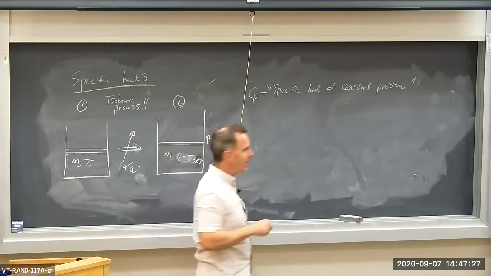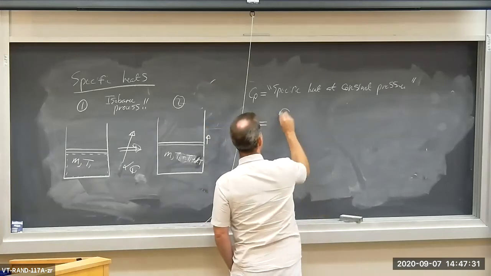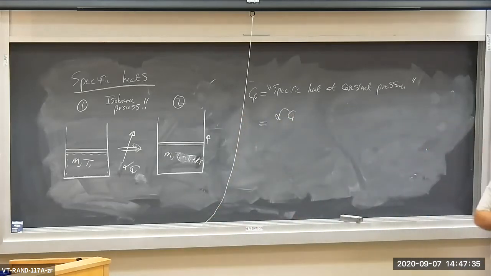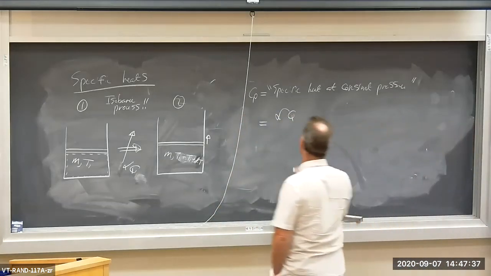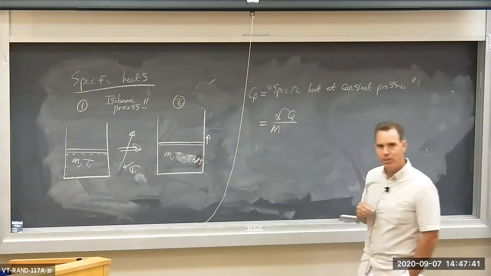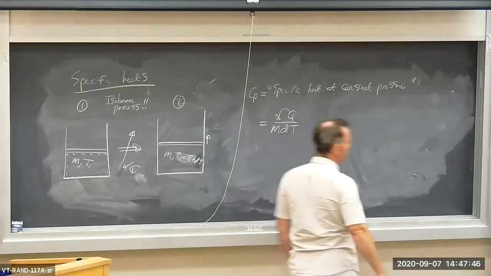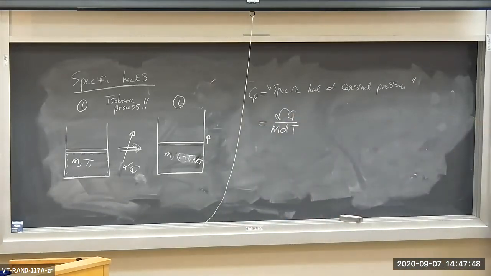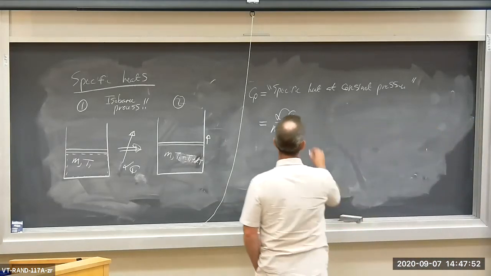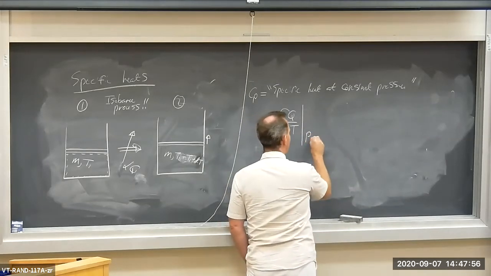How's it mathematically defined? Take the amount of heat I've added, del Q, divide it by the mass of my system, m, and the temperature change, dT. Cp is equal to del Q over m dT for a constant pressure process.